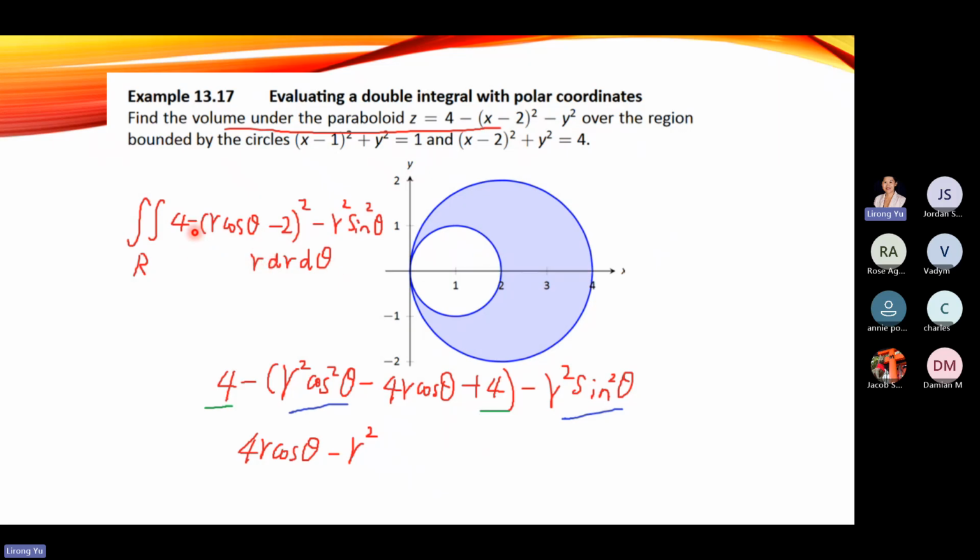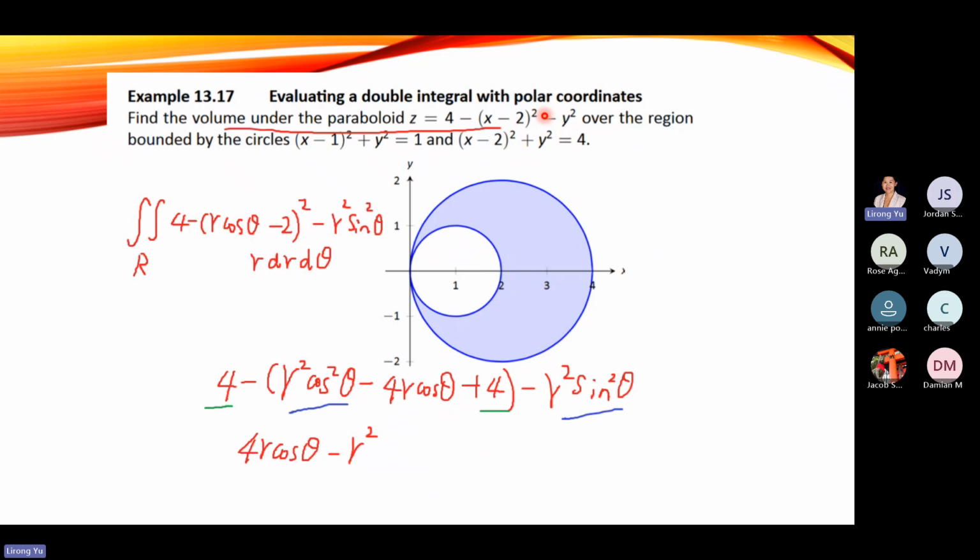There are a lot of things that could be simplified in the original function, which is a pretty lengthy expression. You see (x minus 2) squared has a 2 squared, that's 4, and this is 4 minus, so 4 minus 4 cancels.